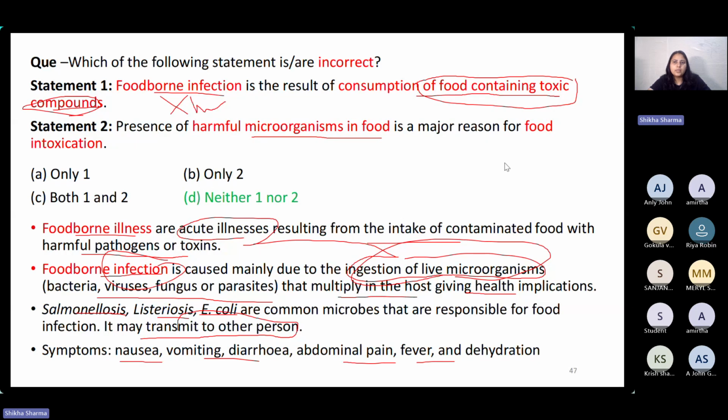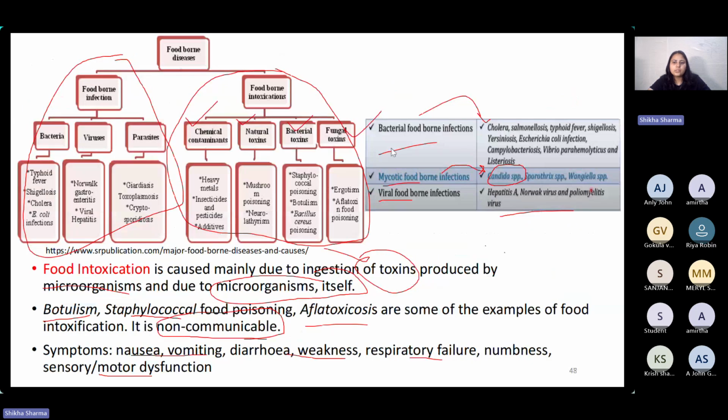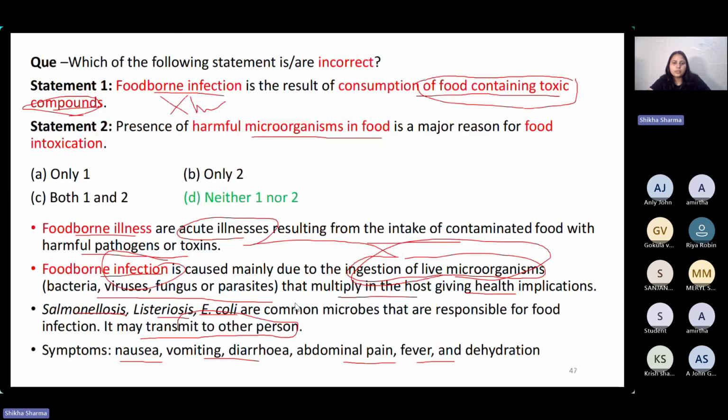And in food intoxication, the toxin compounds should be there, not the microorganisms themselves. We can have microorganisms producing toxins, but mainly the toxic compounds matter.